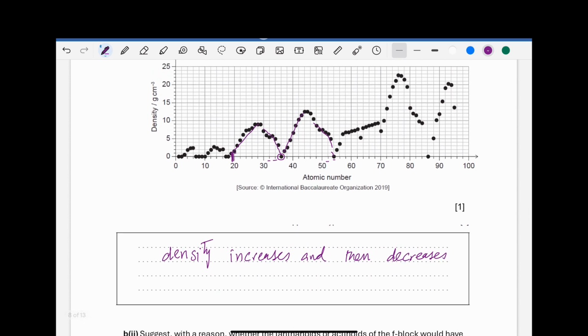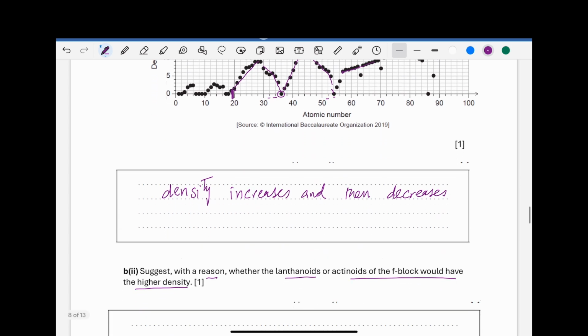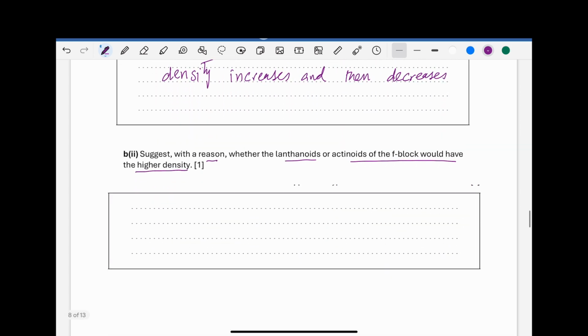Lanthanides start with lanthanum 57, so somewhere starting from here. And actinides start from actinium 89, which is somewhere here. Right, so you can see actinides have higher density.